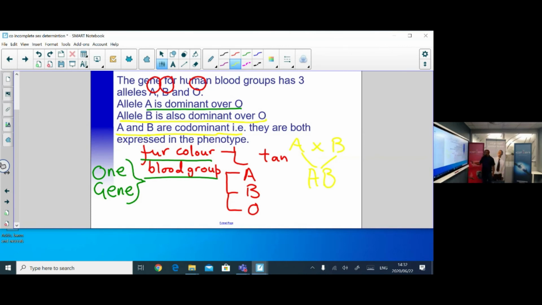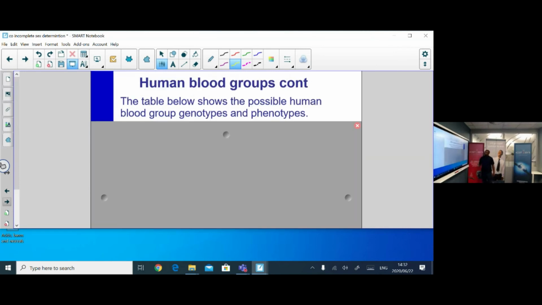All right, let's look at the next item. Human blood groups continued. I've got the table there that shows the possible blood genotypes as well as phenotypes.